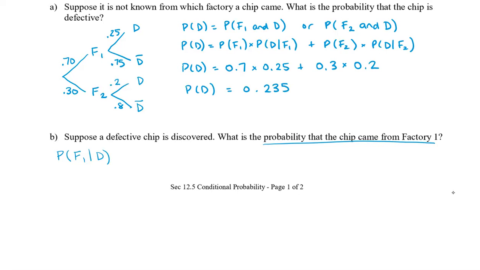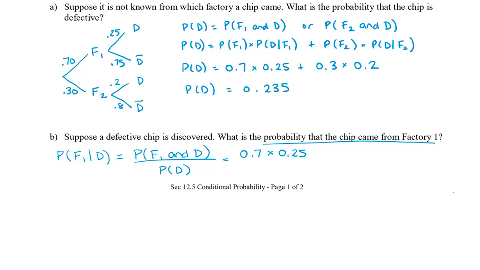So the probability that it came from factory 1 given that it's defective is equal to the probability that it's from factory 1 and defective divided by the probability that it's defective. So if it's from factory 1 and it's defective, that means it's going to be 0.7 times 0.25.